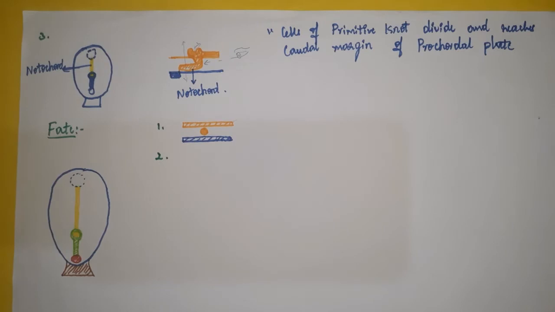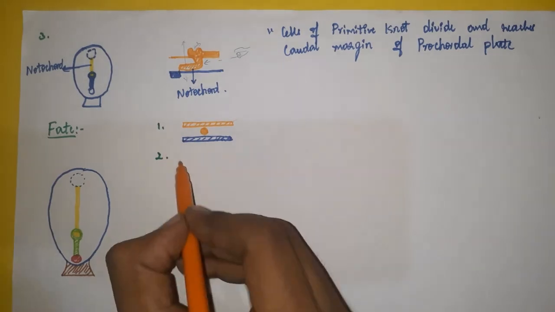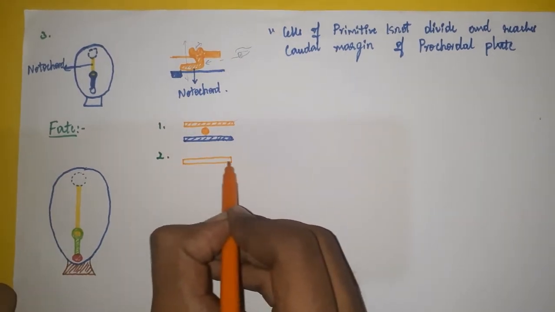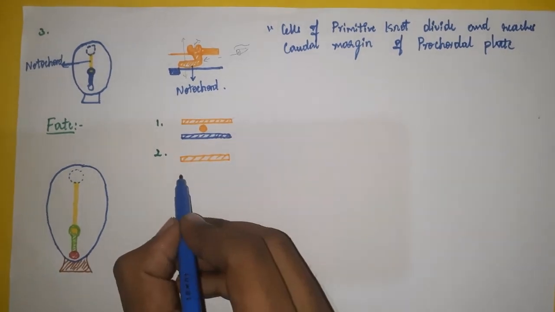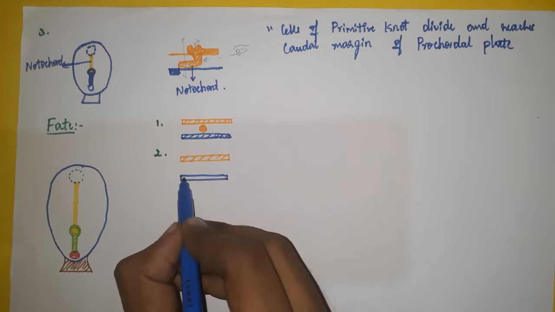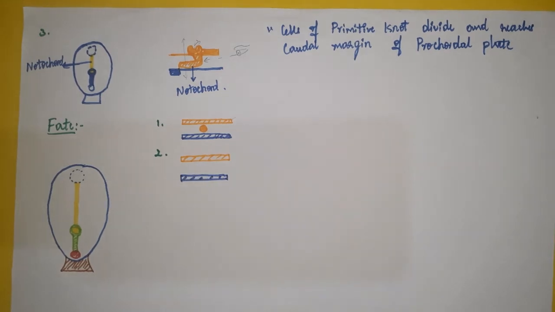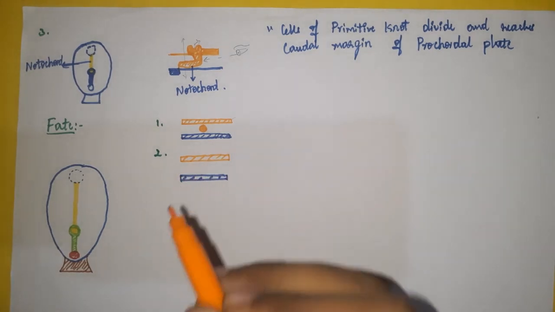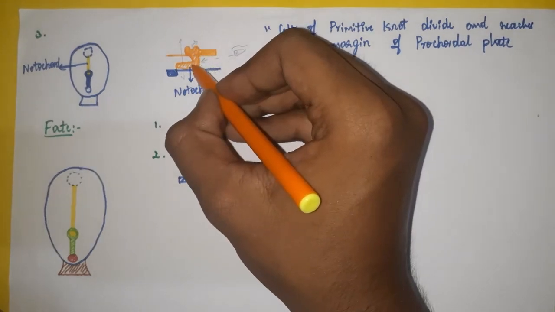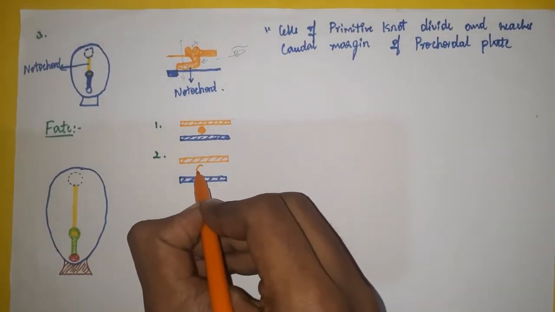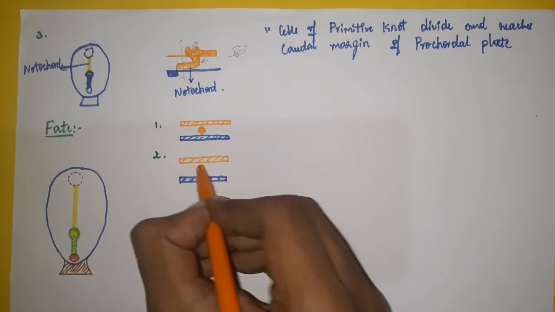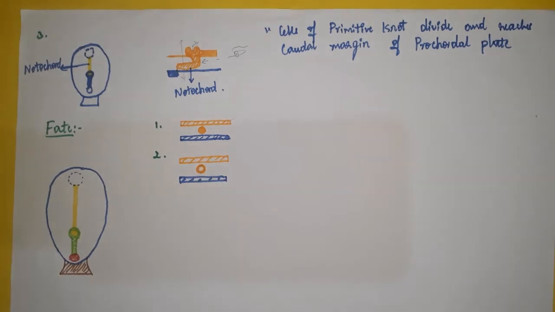So what happens to the notochord now? This is ectoderm, this is endoderm, middle area is mesoderm. What happens to the notochord now? This pit will deepen and forms a canal inside the notochord. Now notochord looks like a tube, okay, hollow tube. This is the canal.